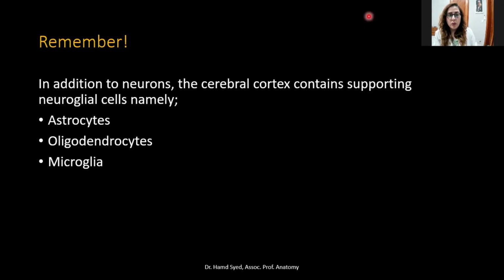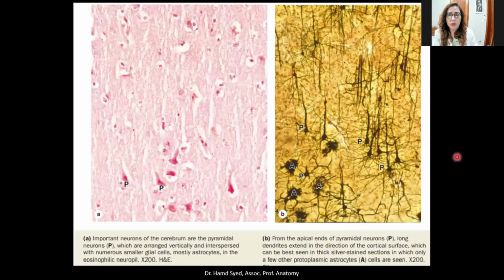Okay, so now moving forwards, you have to remember that other than the neuronal cells, which are the functional cells, there are also some supporting cells within the cerebral cortex, and these are astrocytes, oligodendrocytes, and microglia. In this histomicrograph, you can see the pyramidal cells of the cerebral cortex, but also present amongst them are the astrocytes.